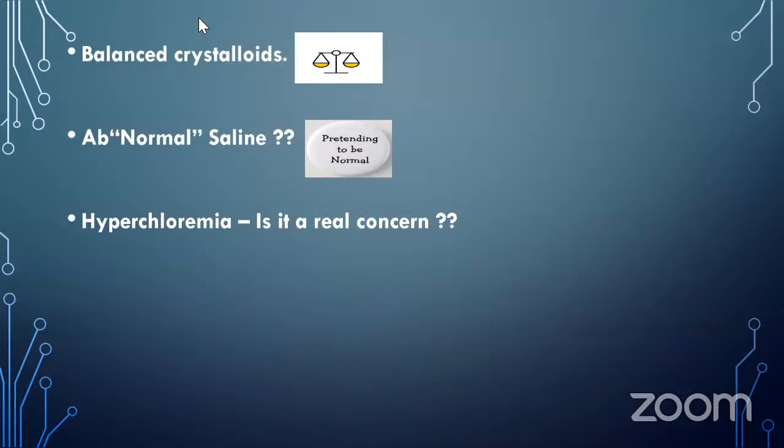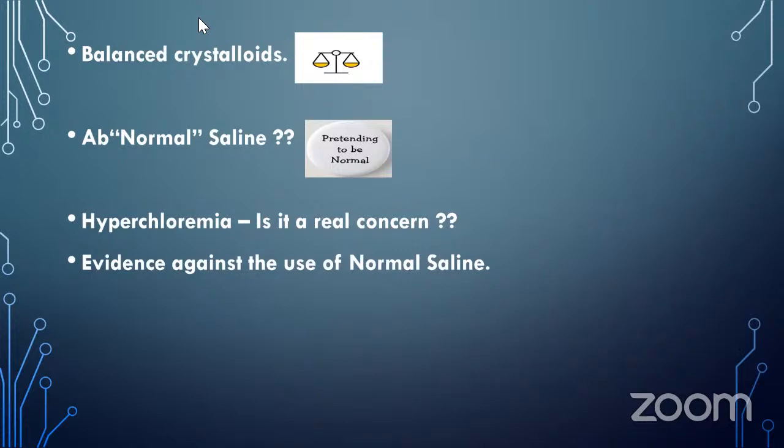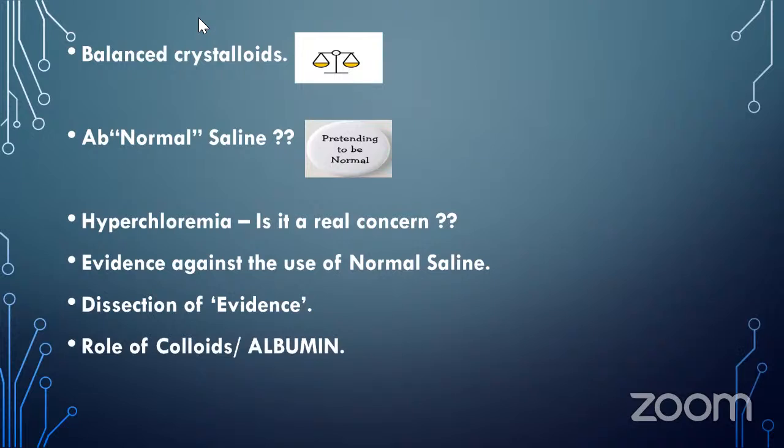Is it a real concern? And what is the evidence against the use of normal saline as compared to your balanced crystalloids? And we will try to slightly dissect the evidence in favor or against saline. And what is the role of colloids and albumin in our ICU as far as fluid resuscitation is concerned? So my talk will predominantly be targeted towards these main topics.